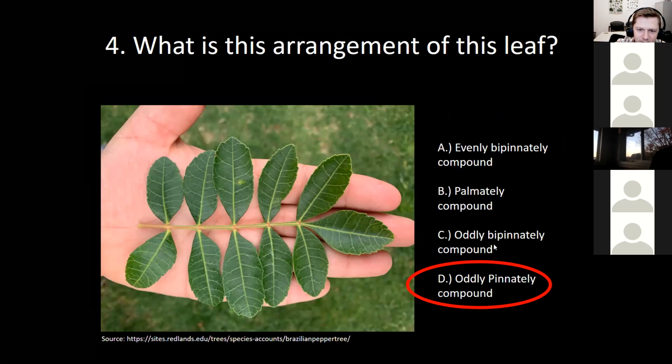So you're close because there's an odd number of leaflets, but if it were bipinnately compound, you would have that subrachis. Basically, you would have leaflets coming off the middle of these leaves right here, if that were the case. So if you were one of the 2 people that got it right, good job. Pat yourself on the back.